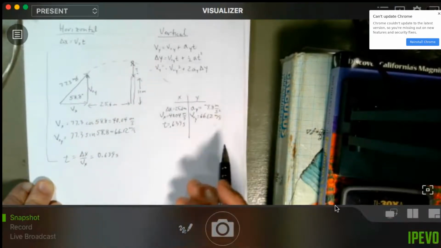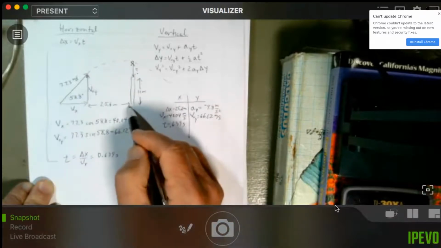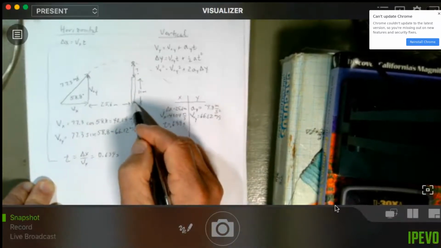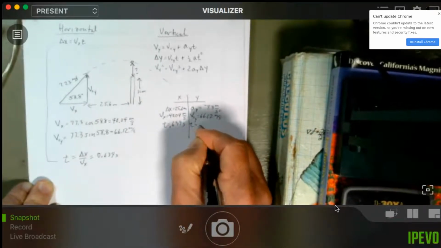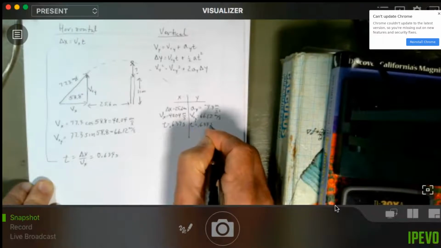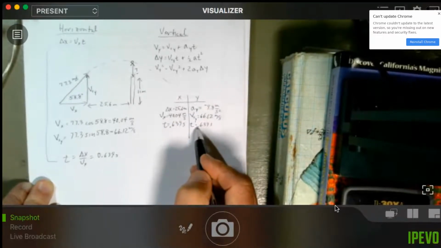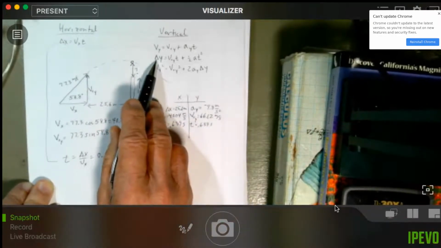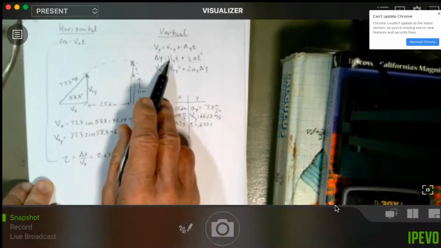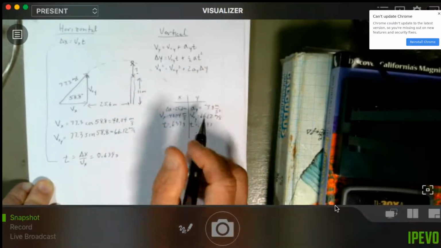So what? Well, if we know the amount of time that it takes to get there horizontally, we also know the amount of time that it takes to get there vertically. So that becomes a given over here, 0.639 seconds. Now we can use these 3 variables to find the vertical displacement, right? We've got the initial velocity in the y direction, we have the time, we have the acceleration.